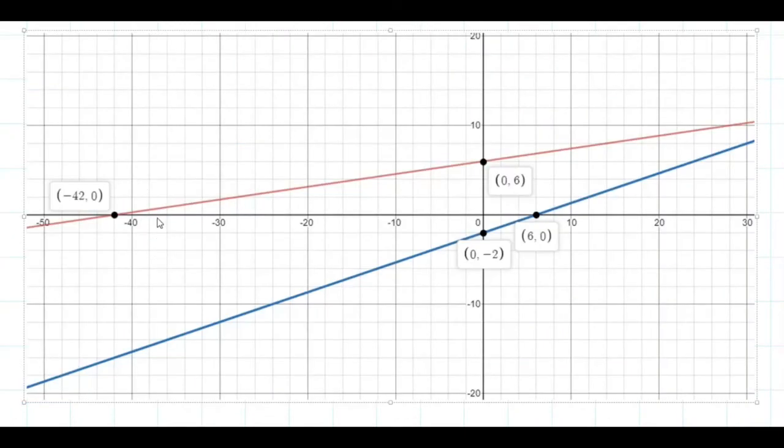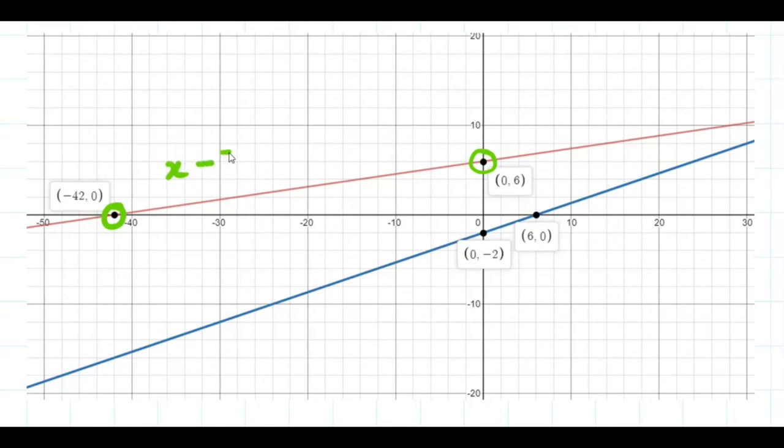So here we have negative of 42, 0, this point, and 0, 6. And when we connect these 2 points, we get a straight line, and this straight line is corresponding to the equation x minus 7y is equal to negative of 42.